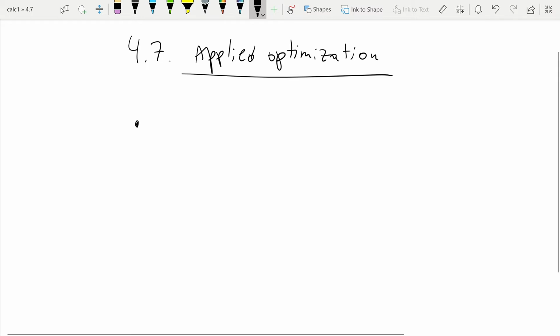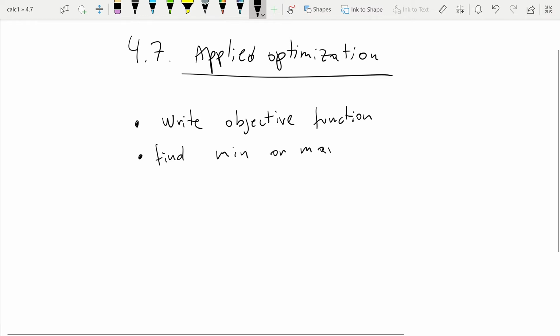So the first thing we'll need to do is to write an objective function, and then find a min or max according to what you're asked to do. This is not always possible.